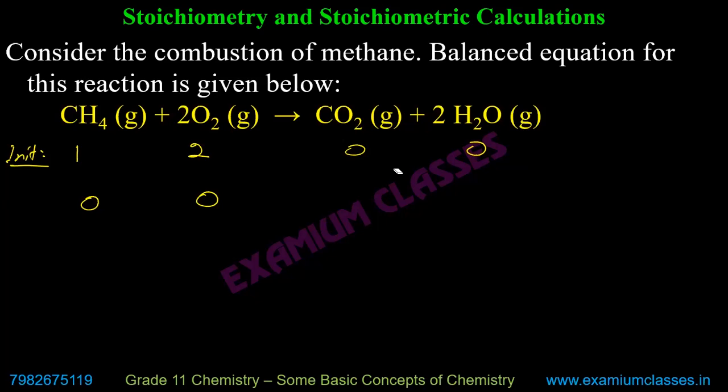But when the reaction is completed, then 1 mole of carbon dioxide and 2 moles of steam will be produced. So you need to represent or understand this reaction in this way.